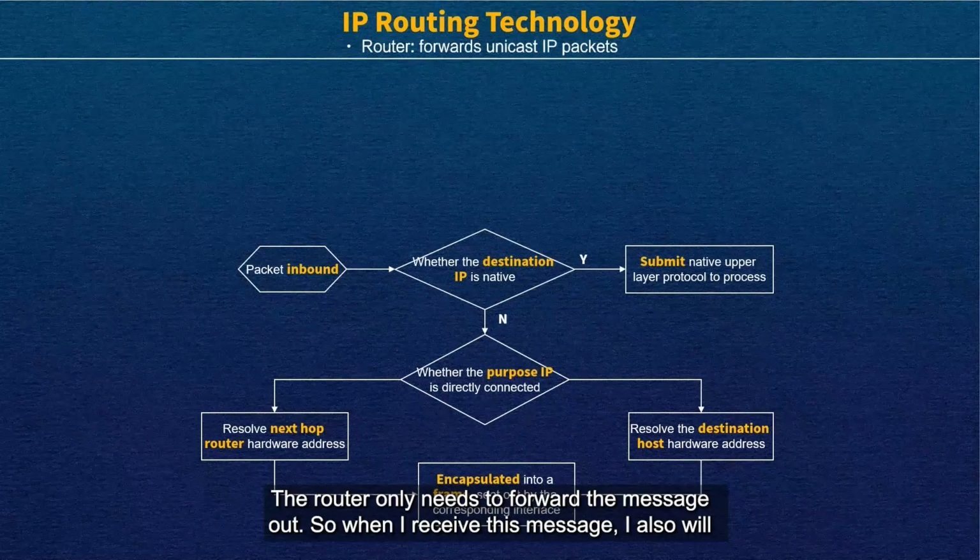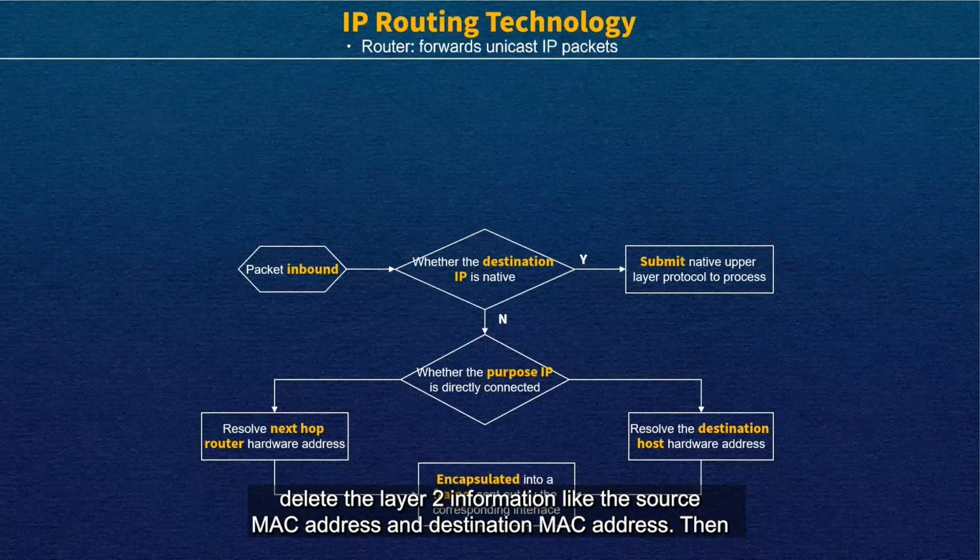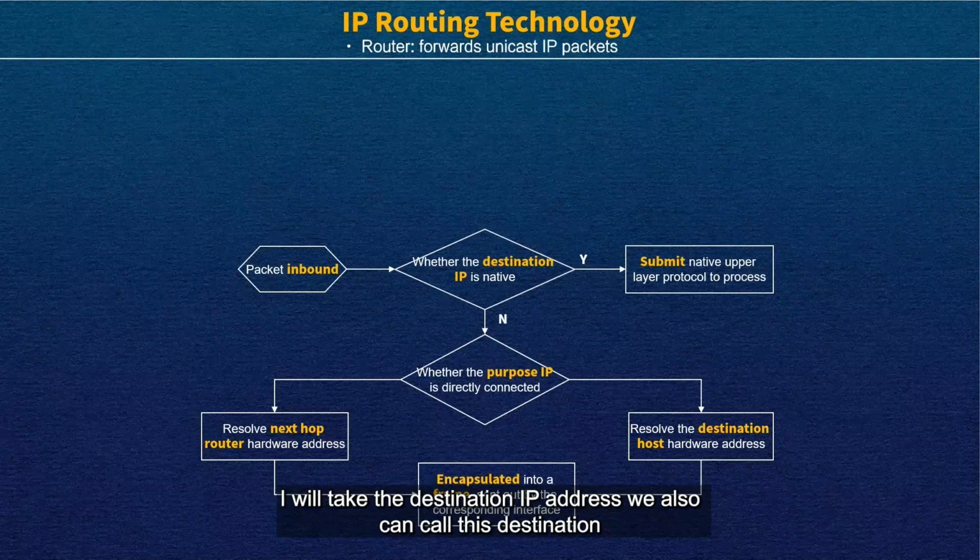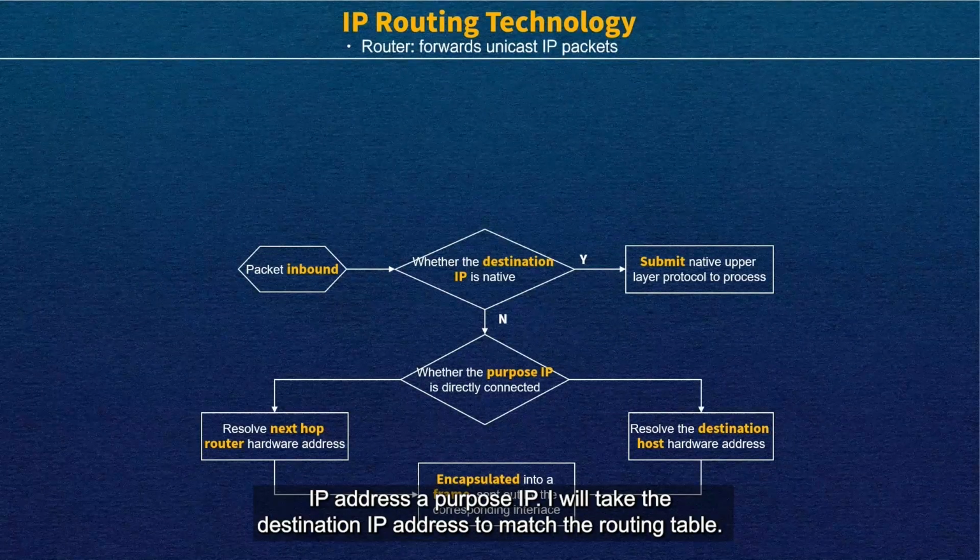The router only needs to force the message out. So when I receive this message, I also will delete the layer 2 information like the source MAC address and the destination MAC address. Then I will take the destination IP address, which we can also call the purpose IP, and use it to match the routing table.